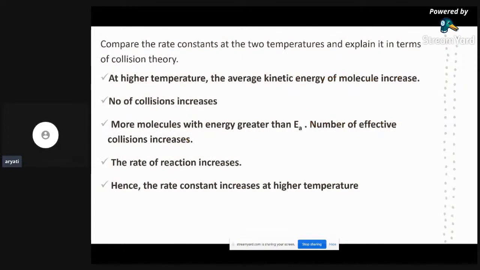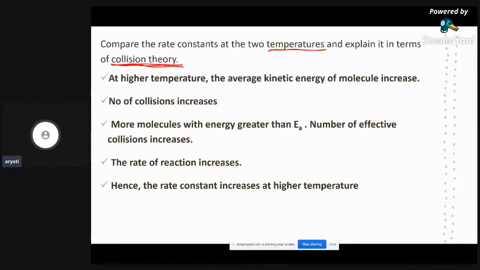Okay, next question is compare the rate constant at two temperatures and explain in terms of collision theory. So first you need to relate the temperature and the collision theory, the effect of temperature with the collision theory.